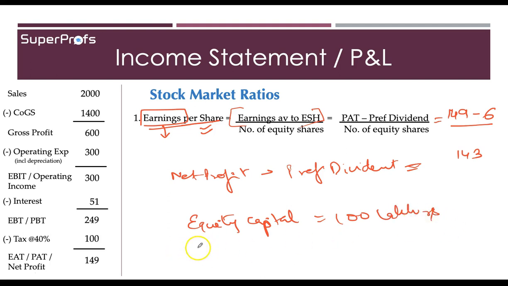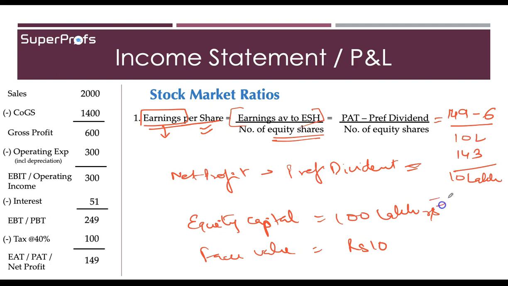Assuming the face value of these shares is rupees 10, the number of equity shares would be 10 lakh. So 14.3 is the value of earnings per share. What does this mean? For each share of the company that the equity shareholders have, they have earned rupees 14.3.